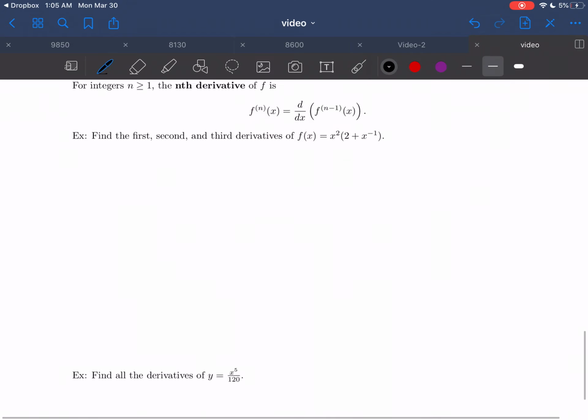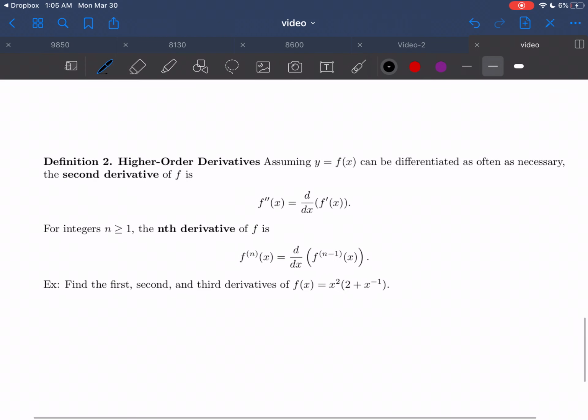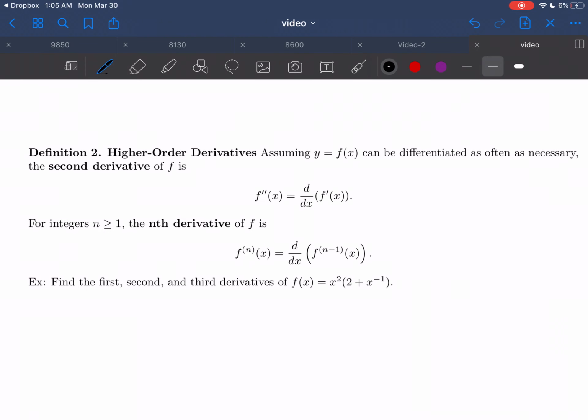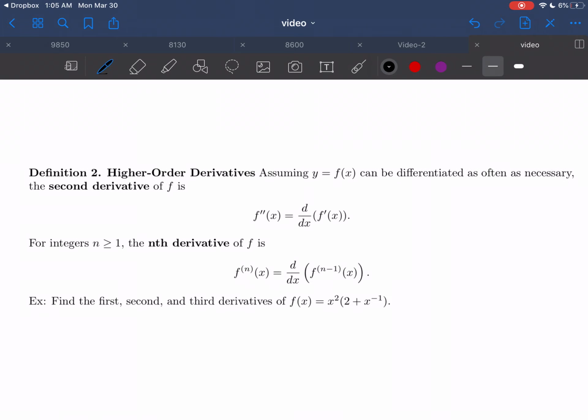The last thing we'll talk about for this section is higher order derivatives. So we've just been doing the first derivative, where we've taken the derivative one time. It's possible to do this multiple times, so we'll have the second derivative or the third derivative. The second derivative is, guess what?